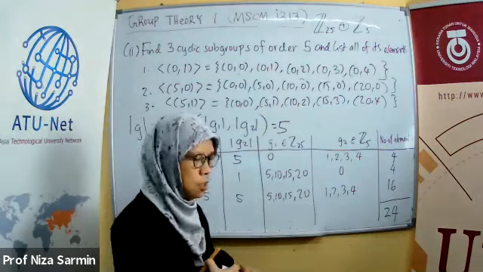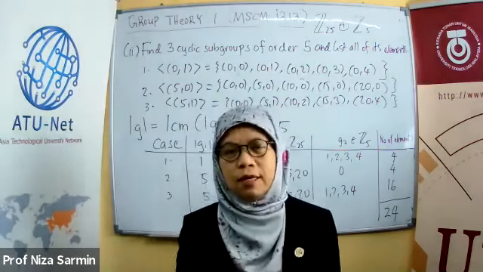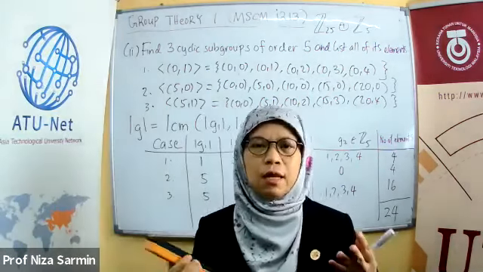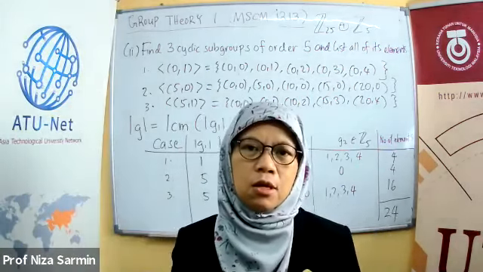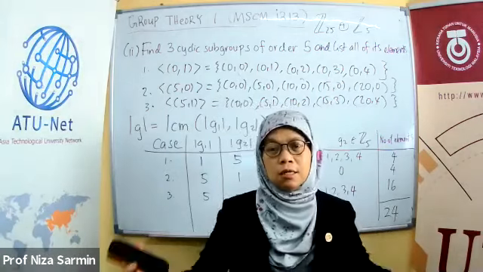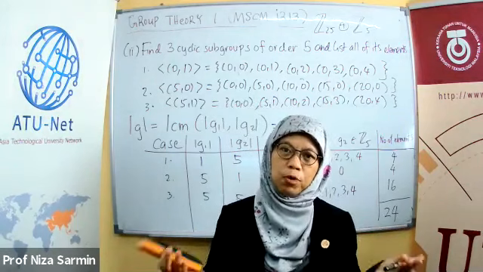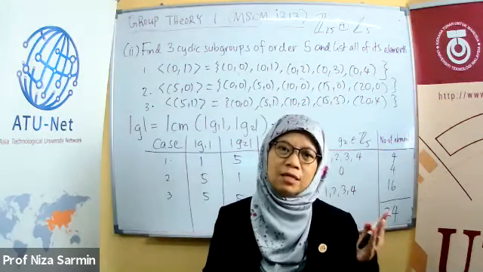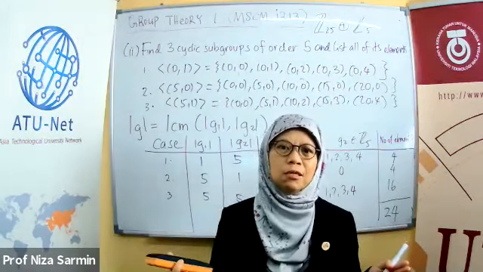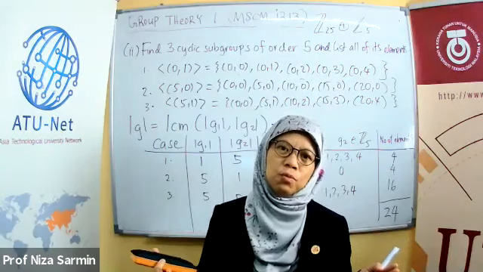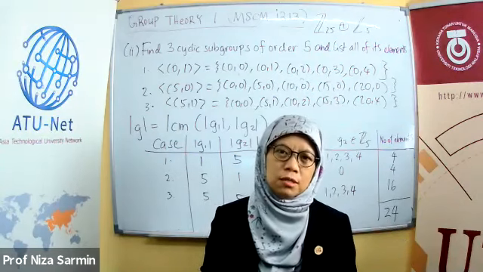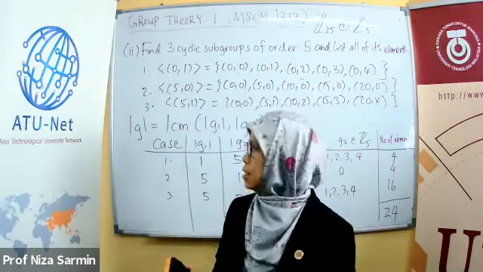Okay, so what we have seen is to find how many elements of certain order in the direct product. If there are 3 components, then you have to find the LCM of 3 components. Okay, so probably there will be more cases, but it will increase.